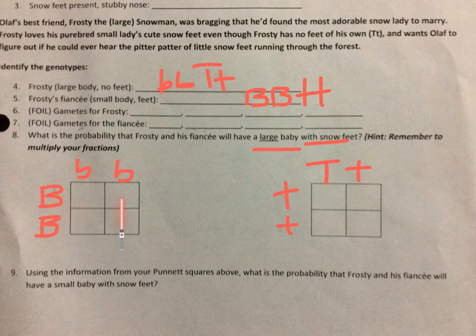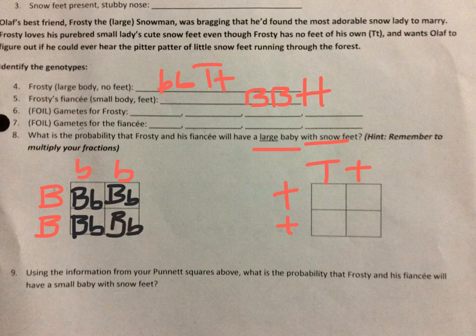You'll put the capital B here, lowercase b here. So you're going to see each trait. Now, it doesn't matter which parent, mom or dad, you put first. What matters is that you have the capital letter then the lowercase letter, and you're just matching up the right sides.